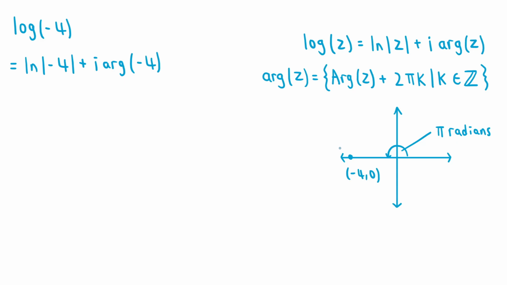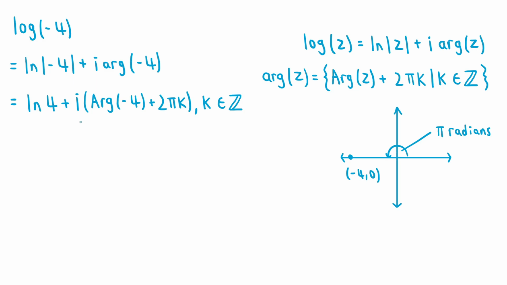So if we apply the formula for log of z, log of negative 4 equals ln of the absolute value of negative 4 plus i arg of negative 4. The absolute value of negative 4 is 4, and arg of negative 4 is just Arg of negative 4 with a capital A plus any integer multiple of 2 pi.